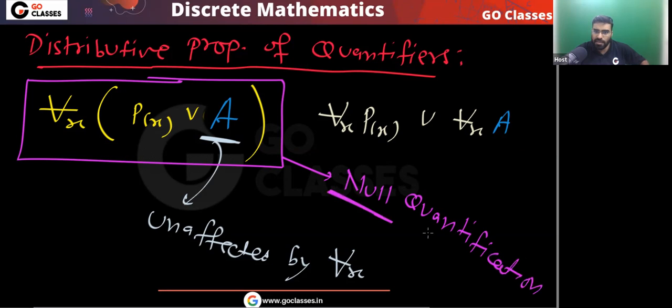Why? Null quantification means this is not affected by for all x. Is this point clear? What is null quantification?